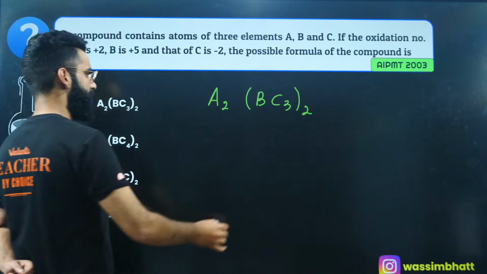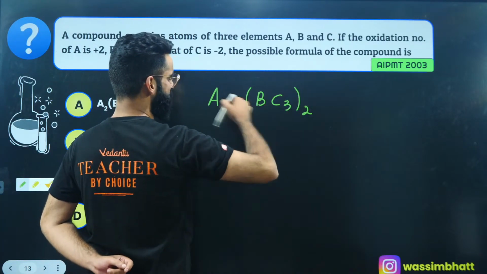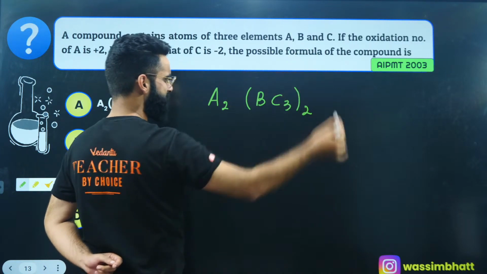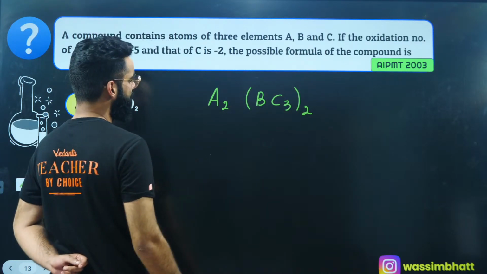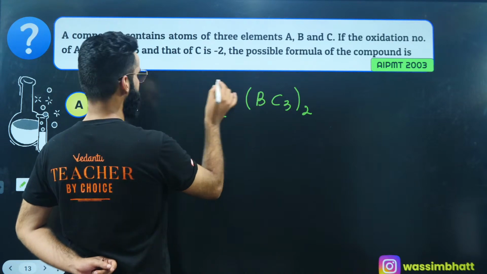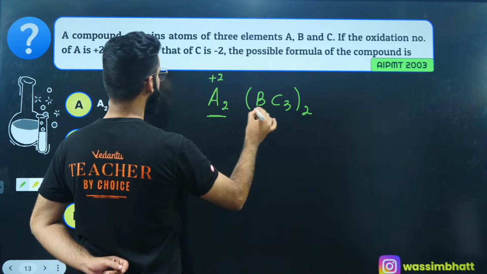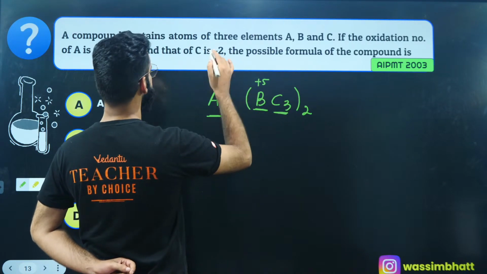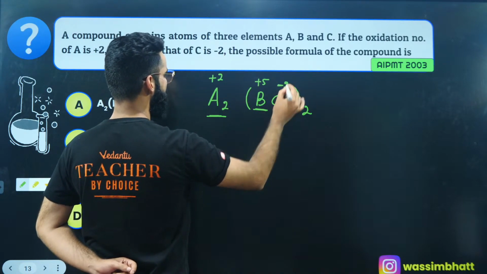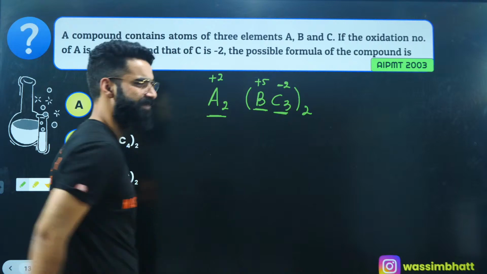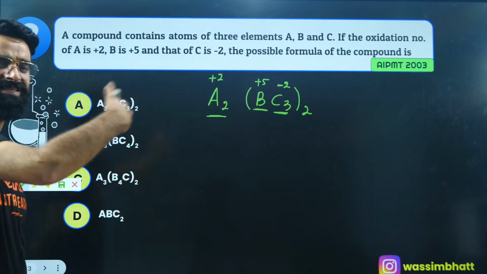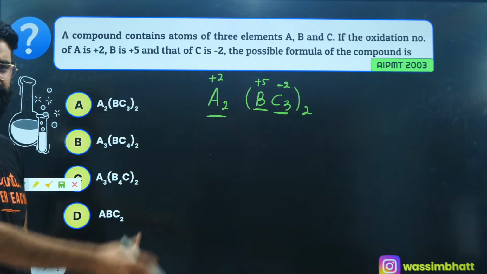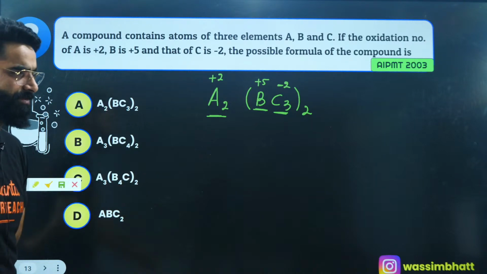First of all, there is no net charge present on this molecule, correct? I'm assuming the oxidation state of A to be plus 2 over here, the oxidation state of B to be plus 5, and the oxidation state of C as minus 2. I'll do the summation of all the charges present on the elements and see whether it comes out to be 0 or not.